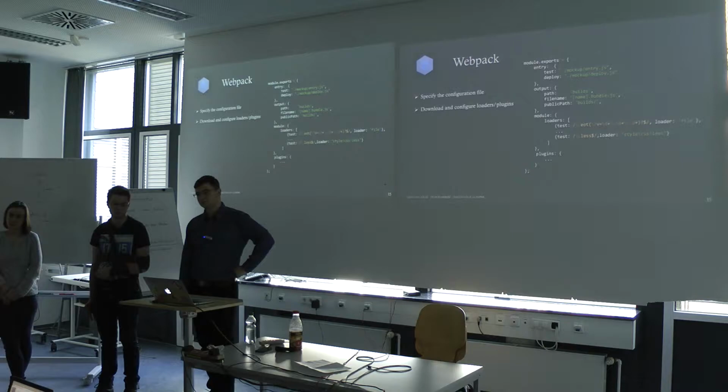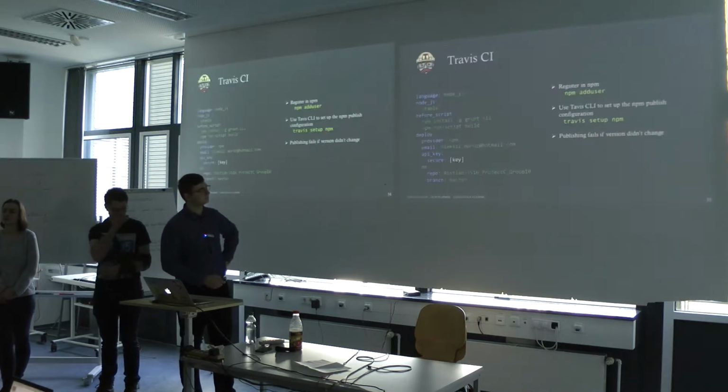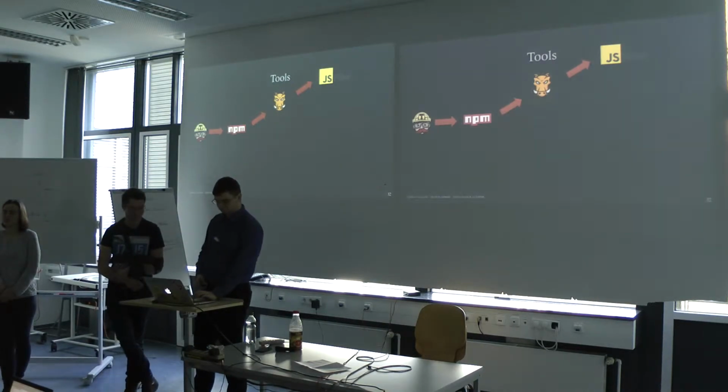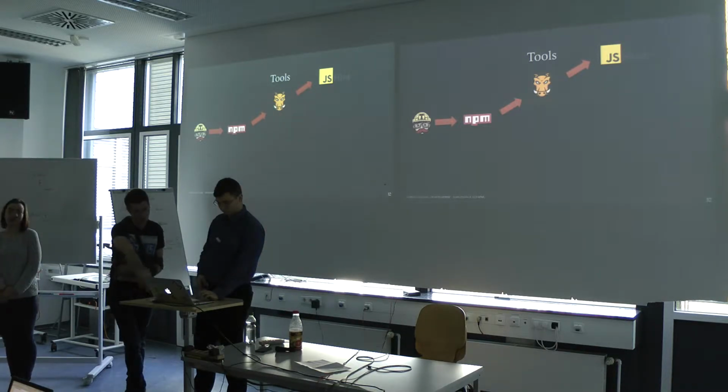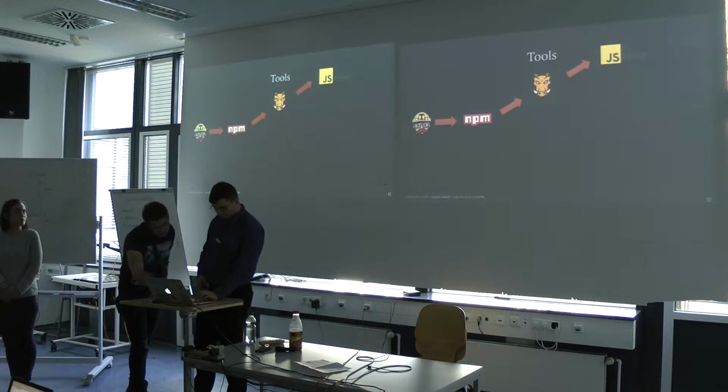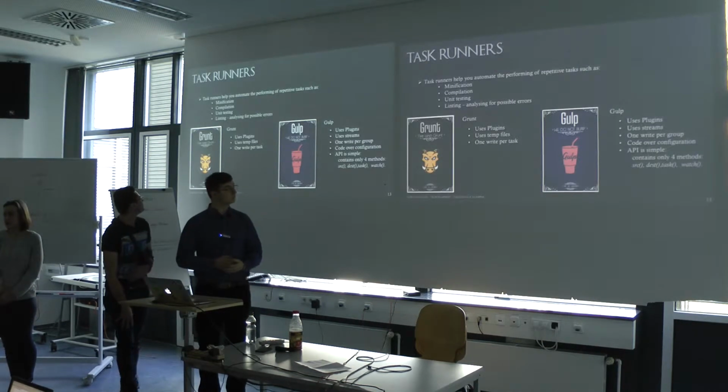Okay, and now again, Gulp. So you said Gulp is more like regular JavaScript code, and why would I as an end user prefer that? Well, I read somewhere that, for example, if you use Grunt, you need to download the plugin.